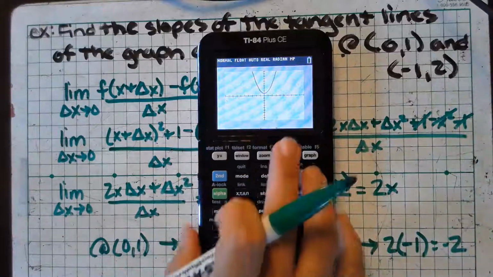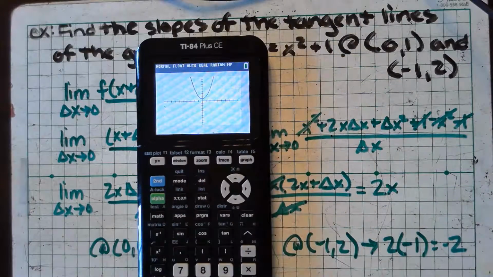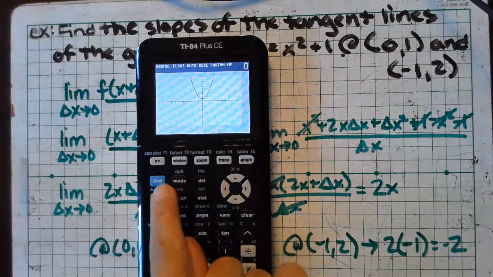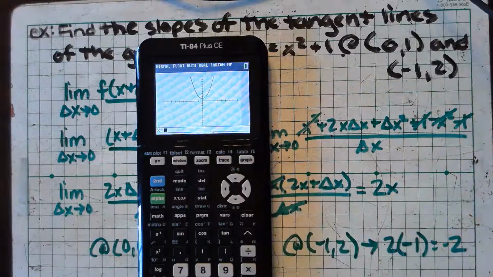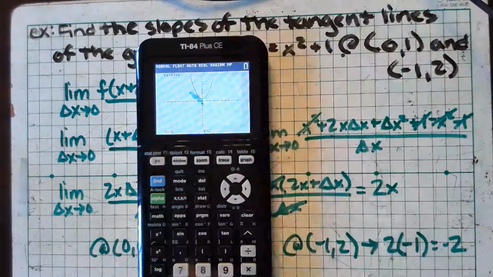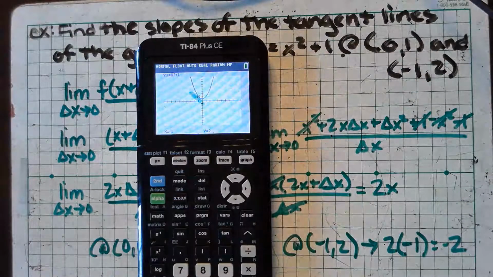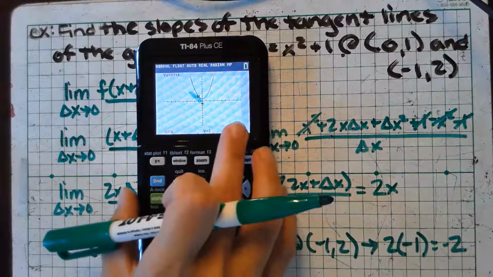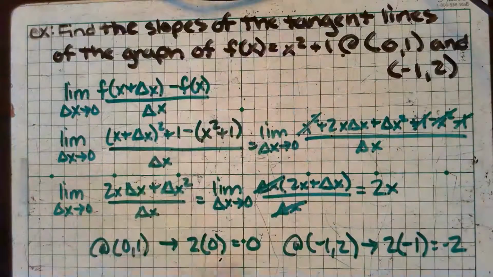And then if I go to the point negative 1, 2, I can say second trace, and go to the value at negative 1 just to find the point. If I drew that line in there, think about it for a second, it's tangent, and that line's going to have a slope of negative 2. So that's what that means right there, as far as slope of a tangent line.